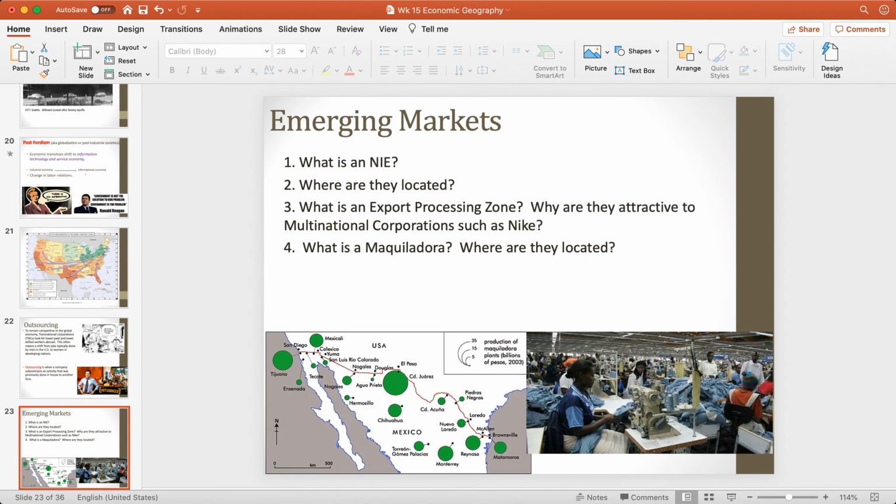And then another one that I learned a lot about when I was in college in the 2000s was the export processing zone. They're very attractive to companies like Nike or Banana Republic or the parent company of Banana Republic and all them. So know what it is and why companies like Nike find them attractive. And then lastly, and this was one of your questions for this week, what's a maquiladora and where are they located? Here's a hint.